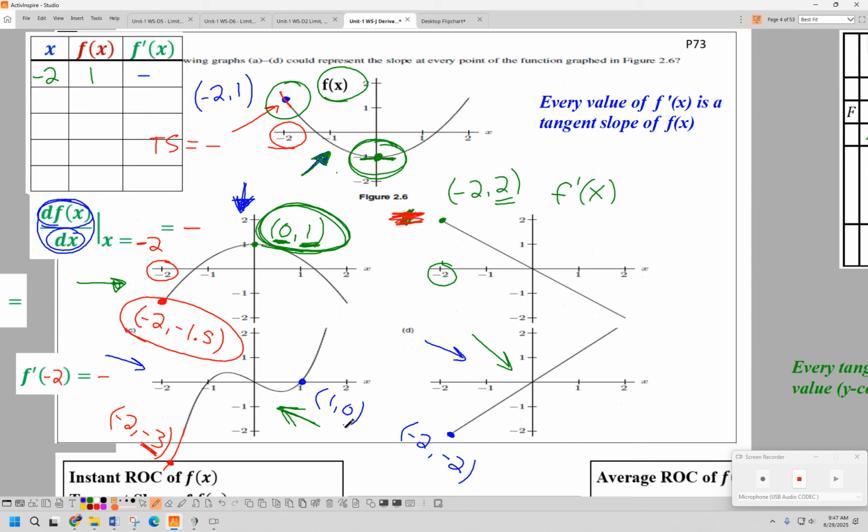Okay, pick on somebody at random. We'll try Ruby. Ruby, when I look at this X, it's telling me to think about something up here. When I look at that X value of 1, what am I supposed to be thinking about up here? The X value on that graph. Perfect. So I'm supposed to go to X equal 1 on this graph, which would be right here. 2 points for Ruby.